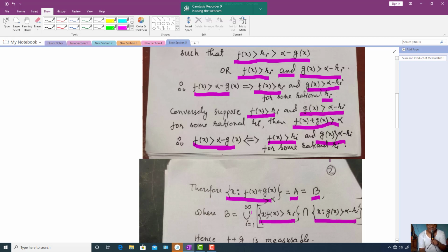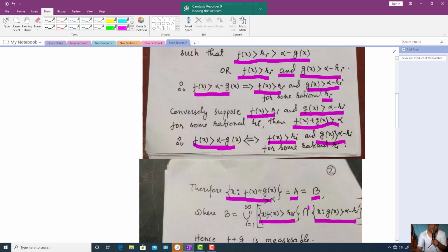For each Ri such a statement will be there. If this is true for some Ri, that will imply this one. If this is true, then for some Ri you will get these two statements. So therefore this will be the union, i running from 1 to infinity, of this set.